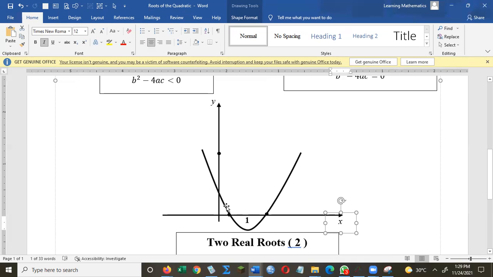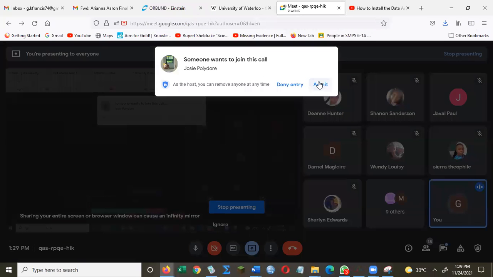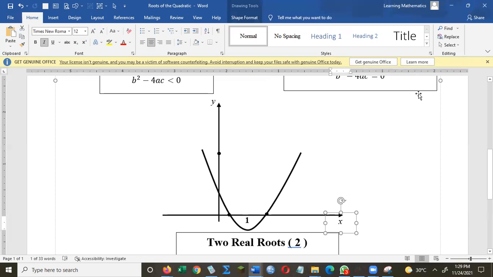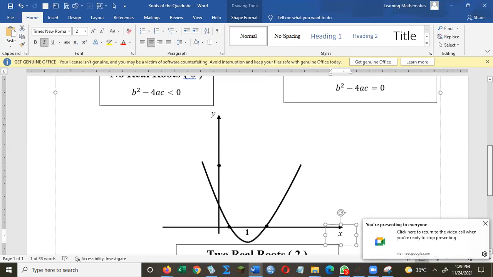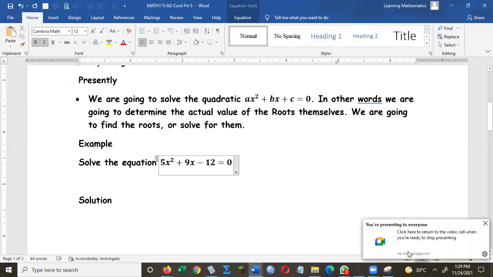The parabola is touching the x-axis twice when y is equal to 0 for a situation like that. Okay, so that is what is actually going on there. All right, when they're told to solve the quadratic. Okay, so bear that in mind, and we are going to apply this to an example.